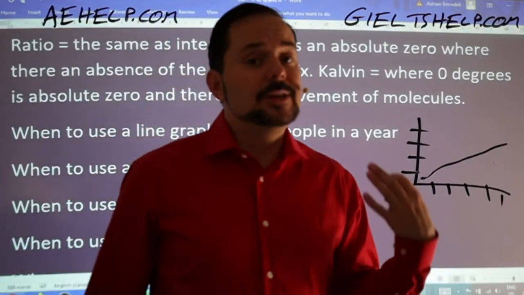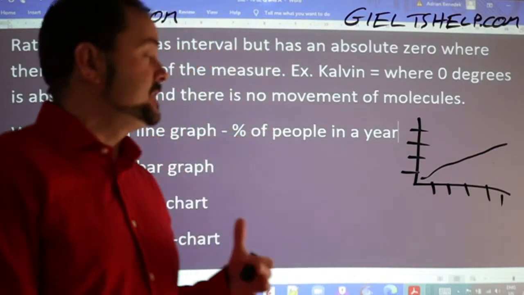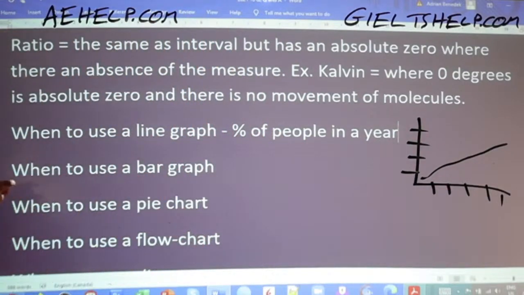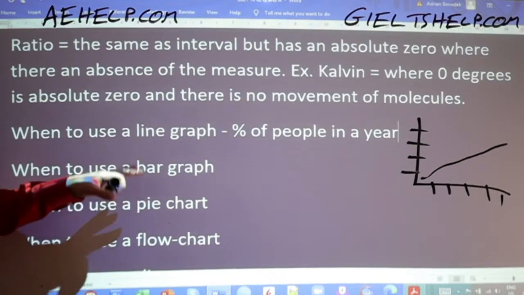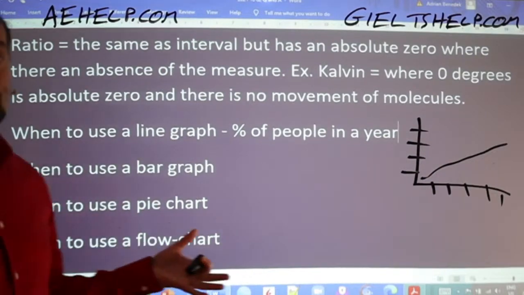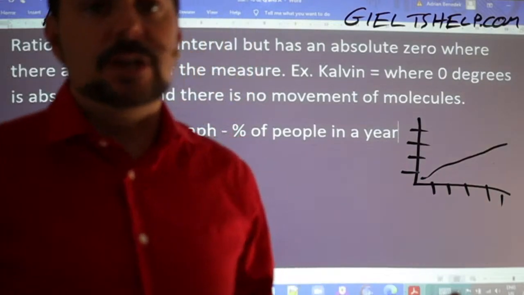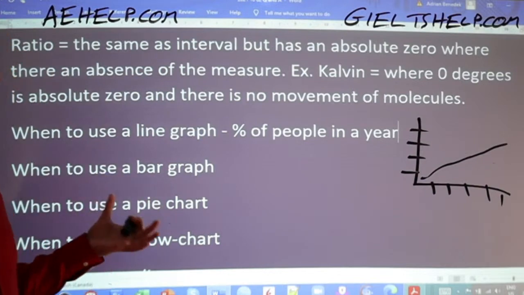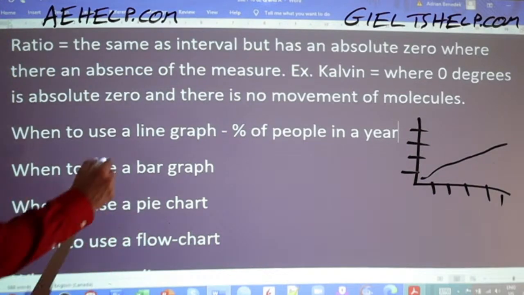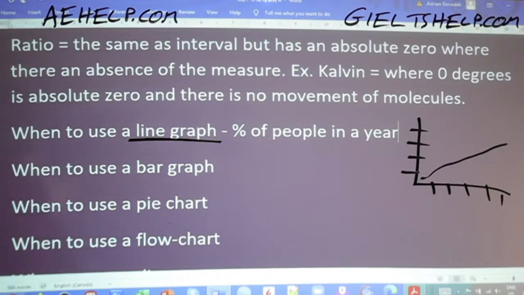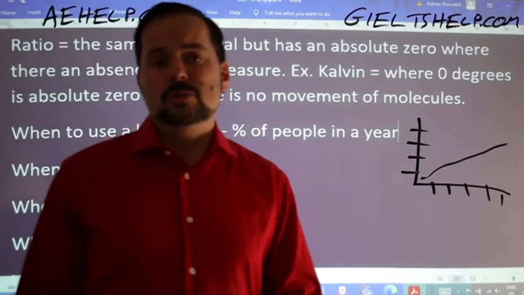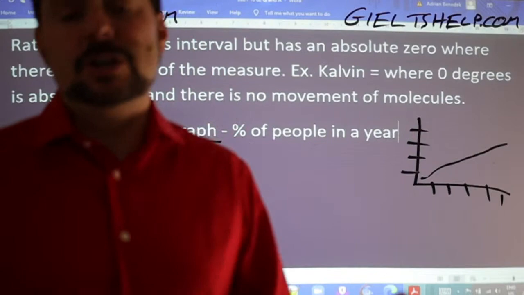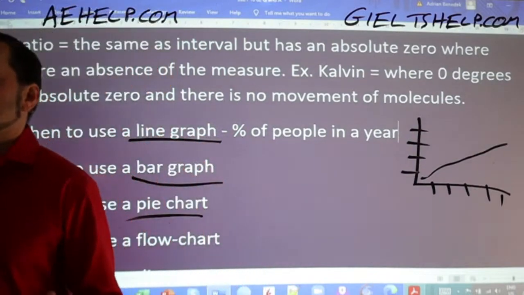You cannot write the same way, and I see this as a very common mistake for IELTS candidates: they write about a bar graph, a line graph, and a pie chart the same way. They say it's rapidly increasing from 1940 to 1960. That is only for a line graph. If you write that for a bar graph or a pie chart, you're going to lose marks because those kinds of charts don't show that information.